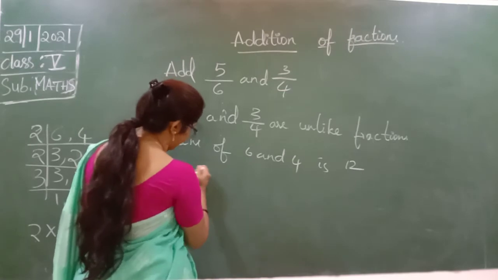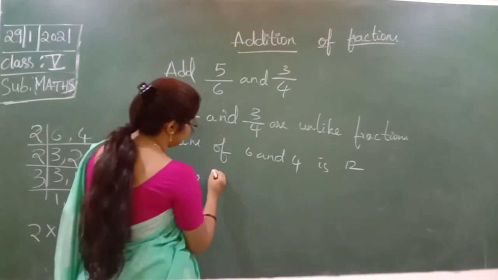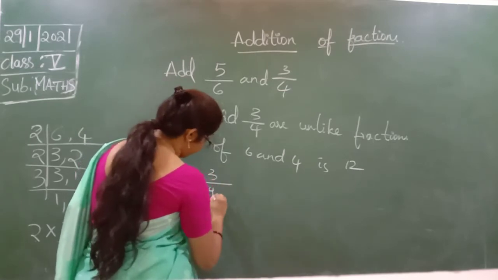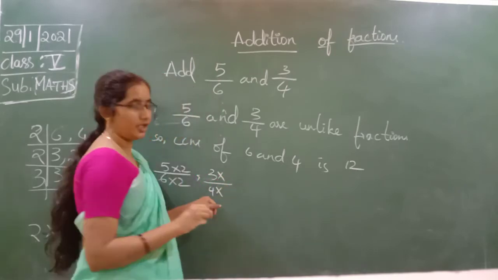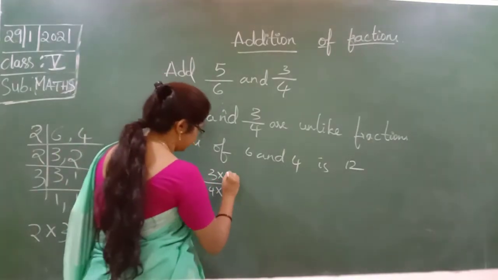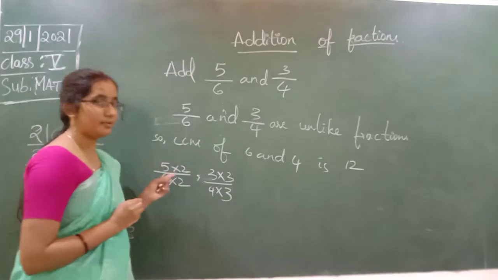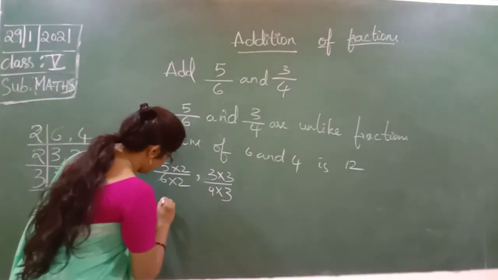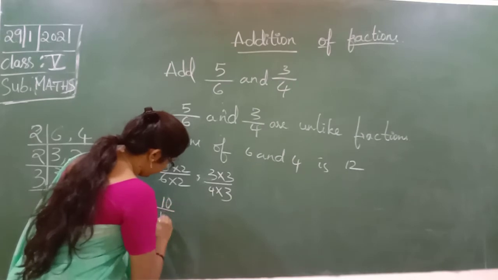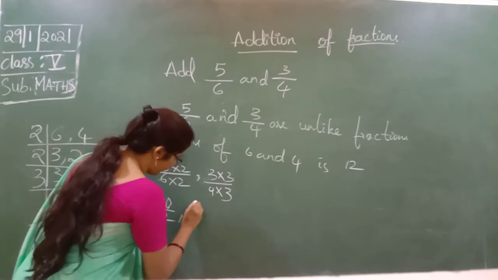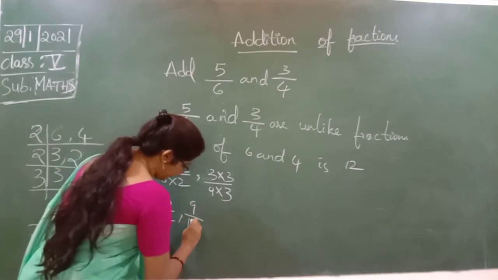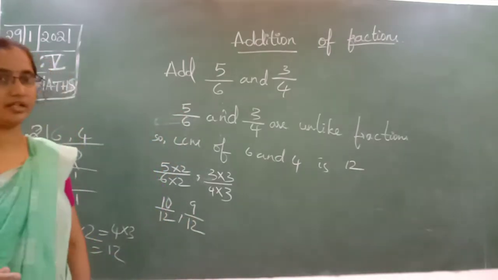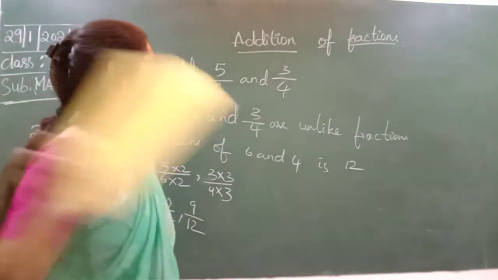In the 4 table, 4 threes are 12. You have to multiply the numerator and denominator with the same number. Now we have 10 by 12 and 9 by 12. Now these two are converted into like fractions.